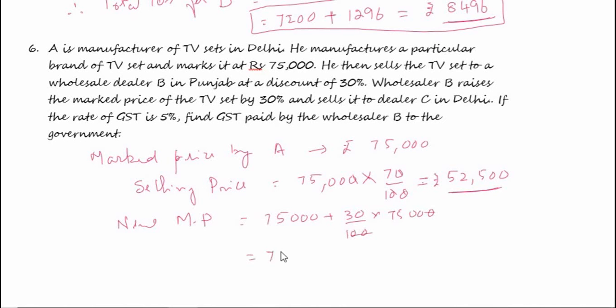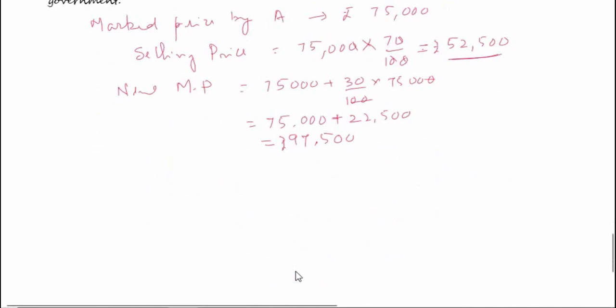So this is 75,000 plus 30% of 75,000, which comes to 22,500. So the new mark price is 97,500 rupees. This is the new mark price decided by B. Now he sells it to C back in Delhi at the same cost.